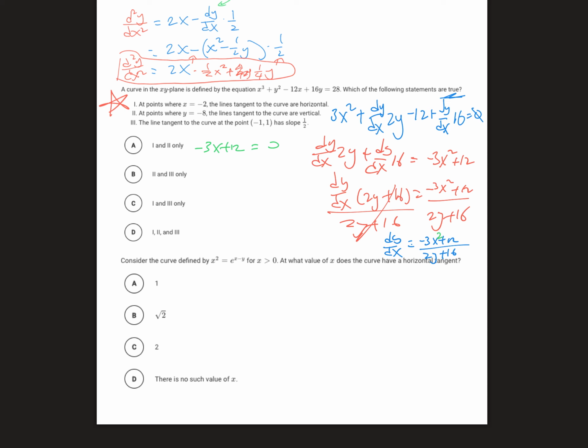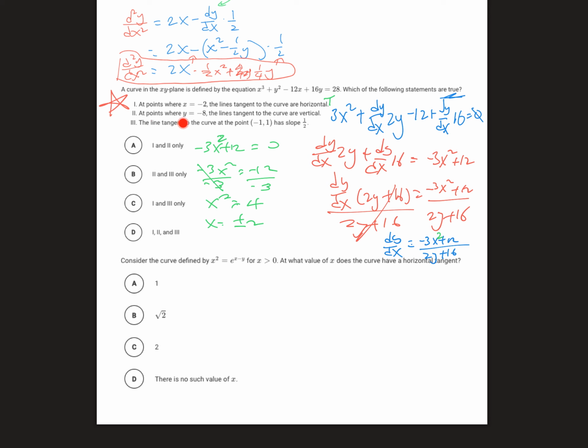So minus 12 to both sides, negative 3x squared equals negative 12. Divide by negative 3 on both sides, x squared equals 4. So x equals plus or minus 2. Yep, makes sense. Negative 2 is right there, so we know that the first one is true. I'm going to put a little T next to it in green.